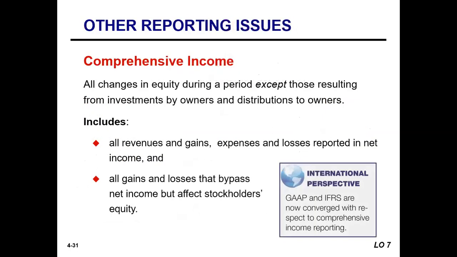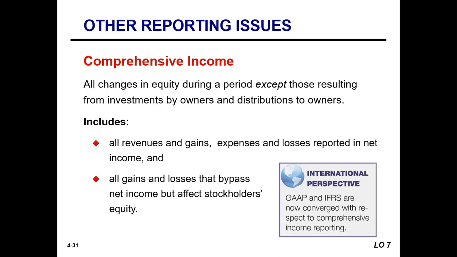Okay, comprehensive income and other comprehensive income. Like it shows here, all changes in equity during the period except those resulting from investment by owners and distribution to owners. So comprehensive income includes all revenues and gains, all expenses and losses, except for those resulting from investment by owners and distribution to owners, right?